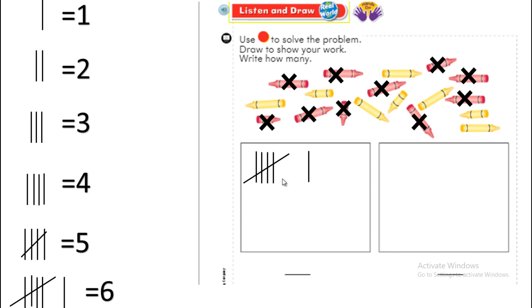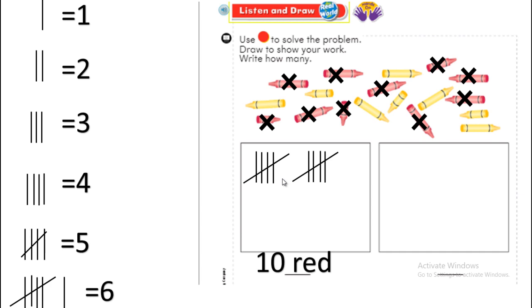After 5, 6, 7, 8, 9, and this is another 5, so cross it out. Now we have 2 groups of 5. 5 and 5 equals 10. So this is the way you show number 10. We have 10 of the red crayons.